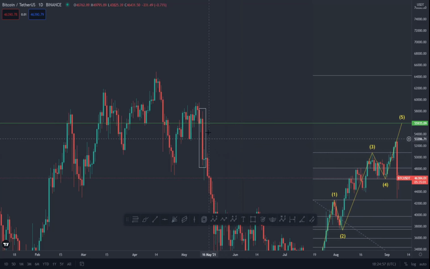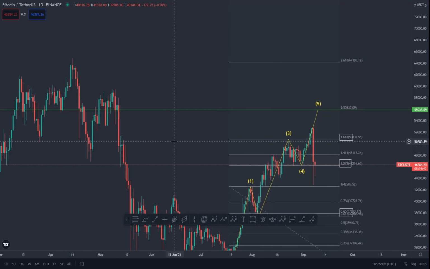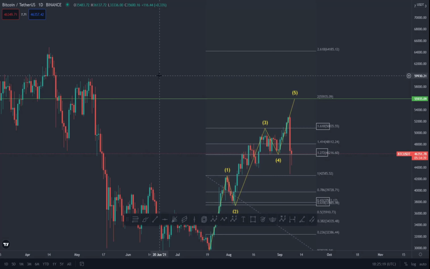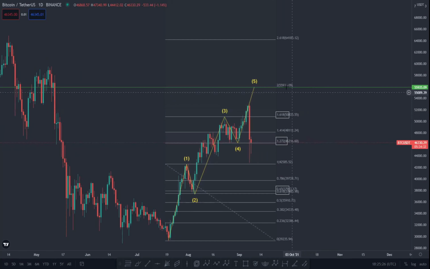For the guys who don't know, this red candle is a vector candle that needs to be retaken by market makers because there is a lot of liquidity right there. How do I know? Well, I use the Trader's Reality indicator. To know the specifics, I will make a video on it. Or you just go to the YouTube channel Trader's Reality because he's the guy who made it. Okay, so this would have been probably the end target. However, it's not.